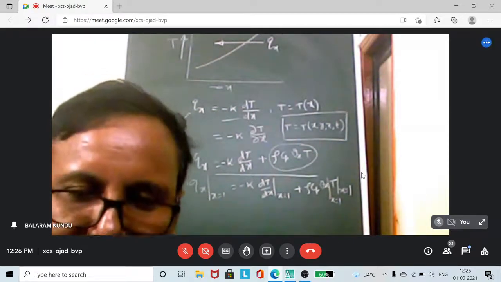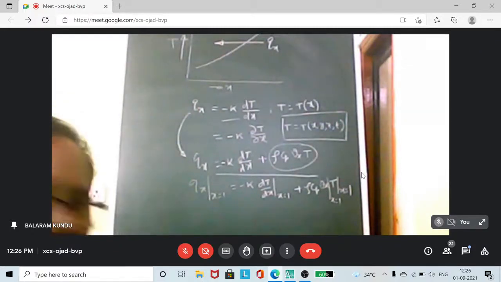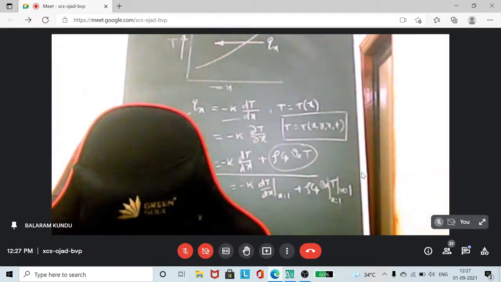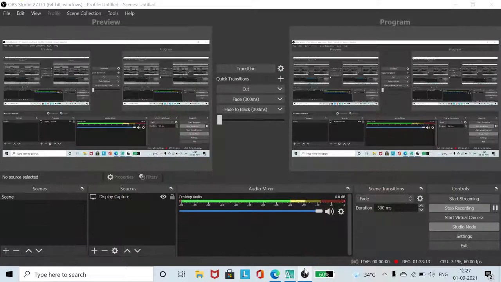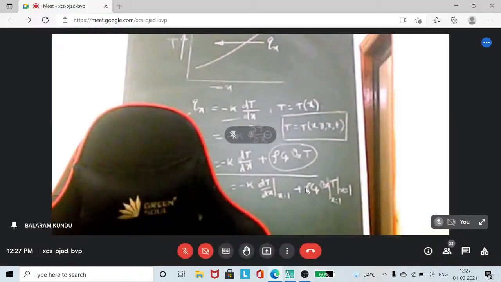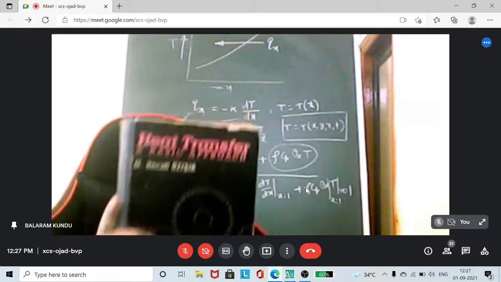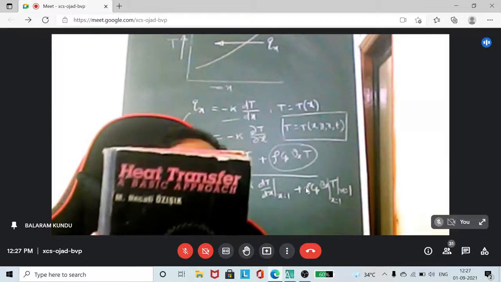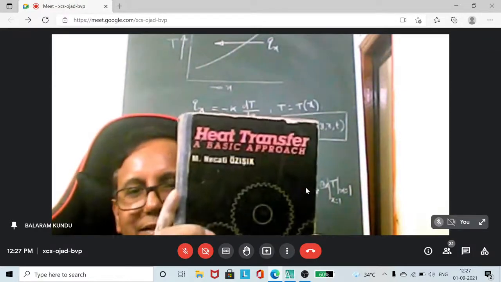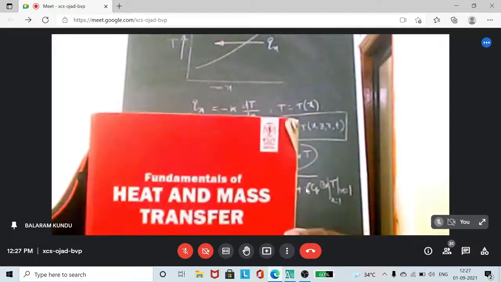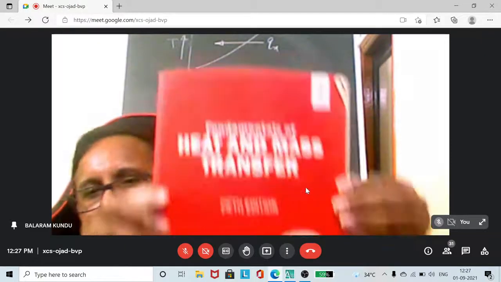Let me show you the books. So this one, Heat Transfer: A Basic Approach, written by Ozisik. The second one is also a very good book. This one.